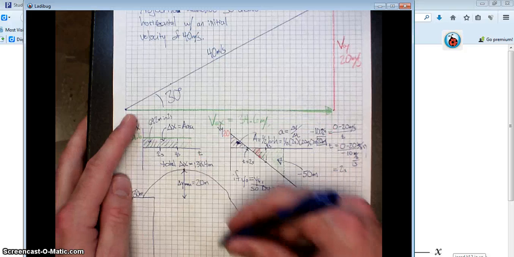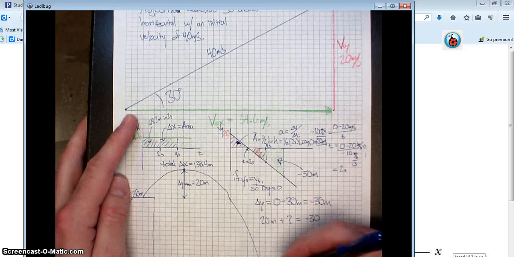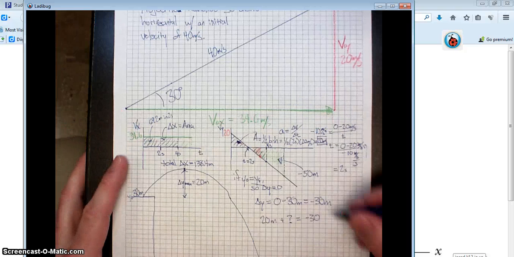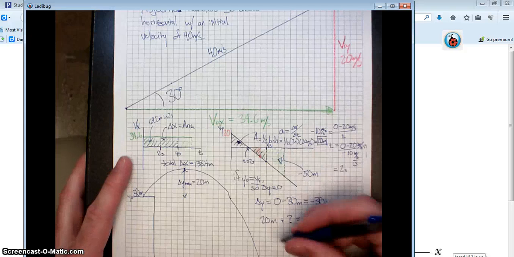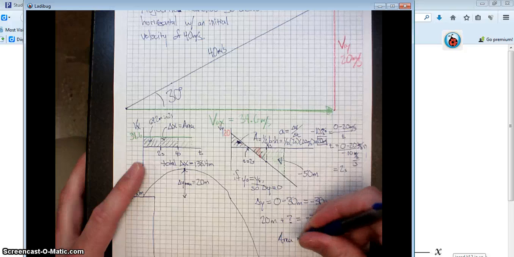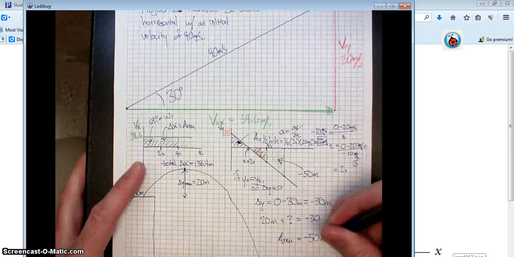We're going to end up down here. This is 30 meters below our starting point, 50 meters below our maximum height. And so with this triangle, I know that the area is negative 50, but I don't know how much time this takes.